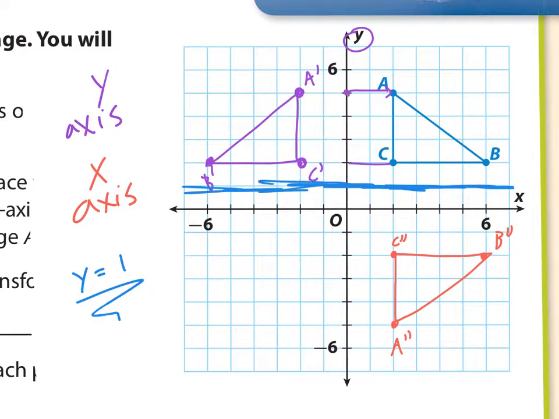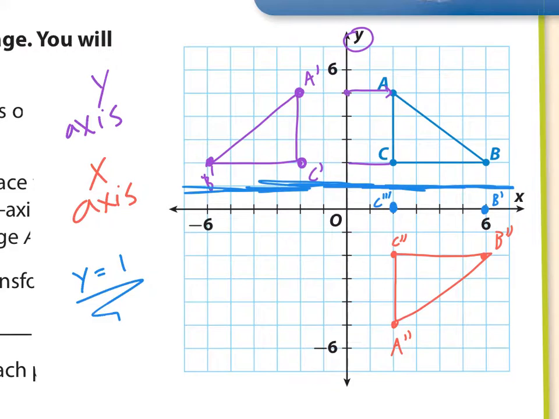Okay, we've learned how to do these graphs back when we were doing linear equations. Remember, if it's x equals something, that's a vertical line. y equals something, that's a horizontal line. So now, if that's my line of reflection, I do the same thing over that line. I'm going to treat that like it's my x-axis. So instead of up 1, I'll go down 1. There's my new C. Instead of up 1, I'll go down 1.